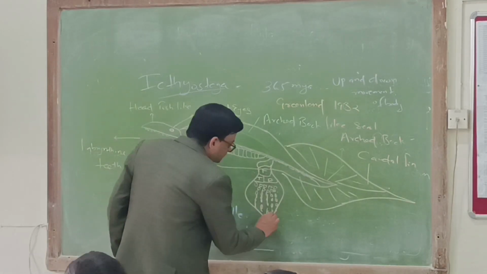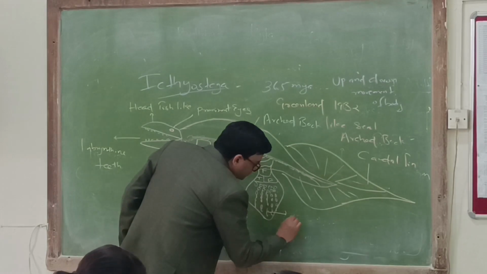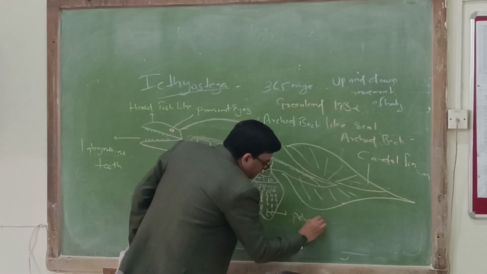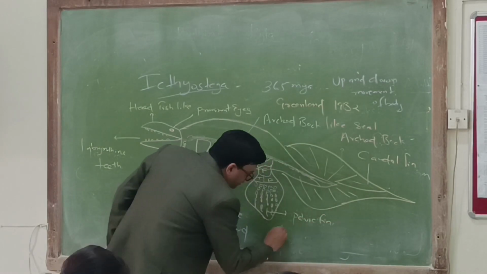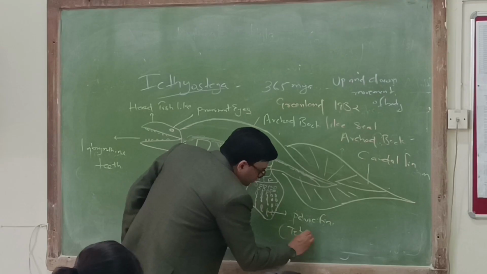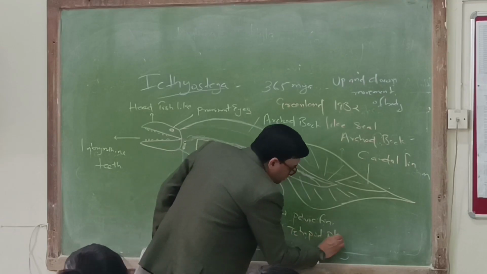So this is the hind limb. This is, we can say, the pelvic fin with the tetrapod plan.